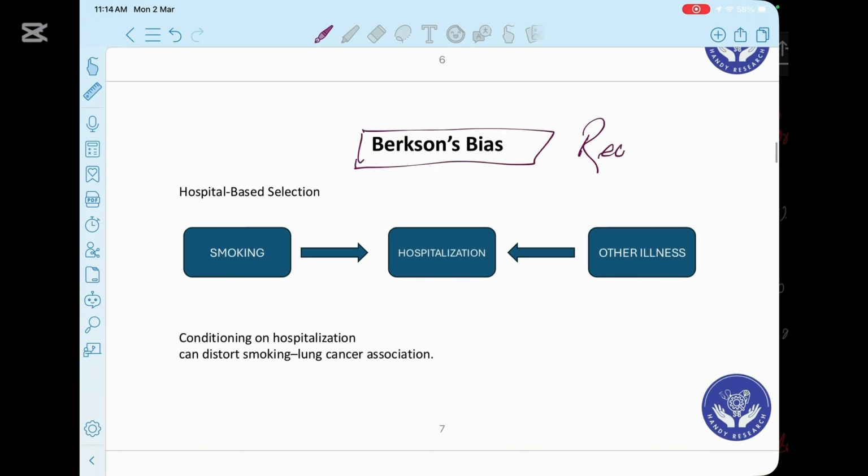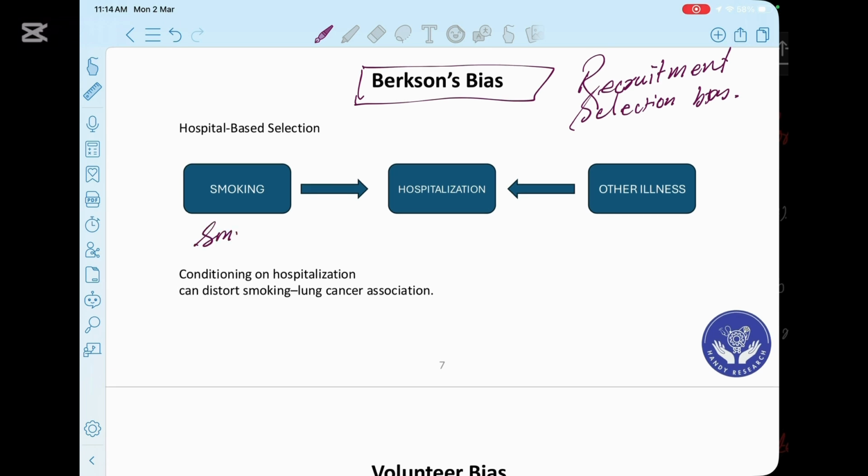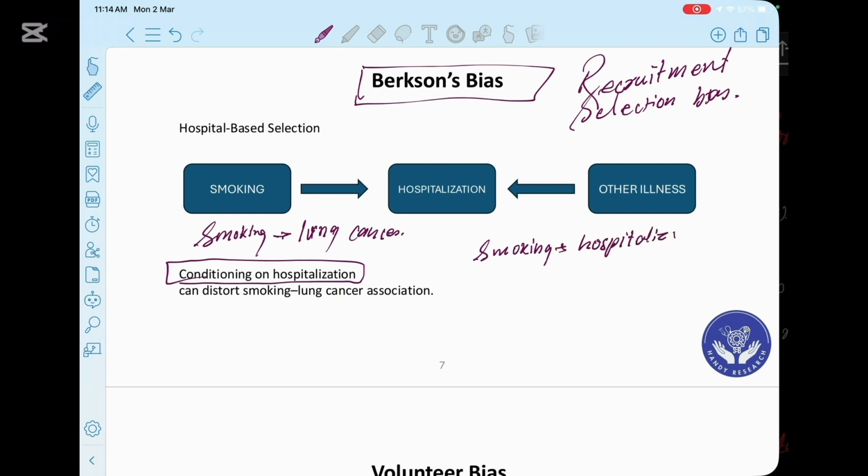Now let's go through Berkson bias, that is the recruitment selection bias. In medicine, smoking leads to lung cancer, the famous example we always use. But we select both cases and controls from hospitalized patients. Smoking leads to hospitalization, other diseases also lead to hospitalization, and lung cancer also leads to hospitalization.